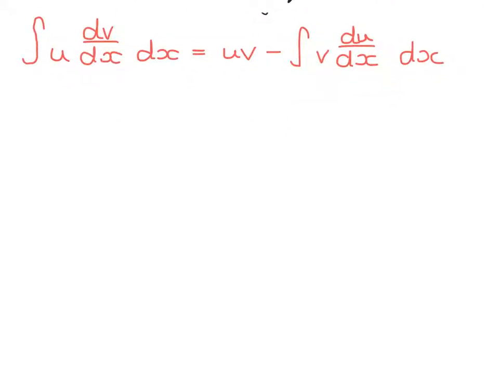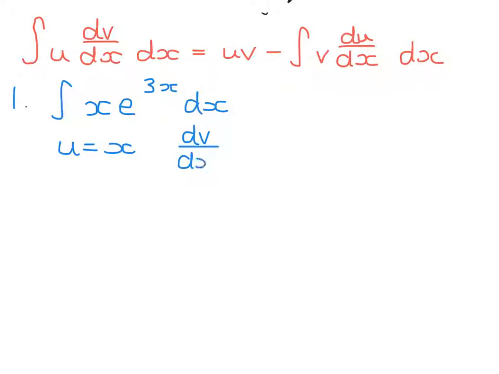So let's take a look at an example. Question 1. We would like to integrate x times e to the power of 3x dx. Here, as x differentiates to something nice, in this case 1, I'm going to let u equal to x. This means that dv by dx must equal e to the power of 3x.